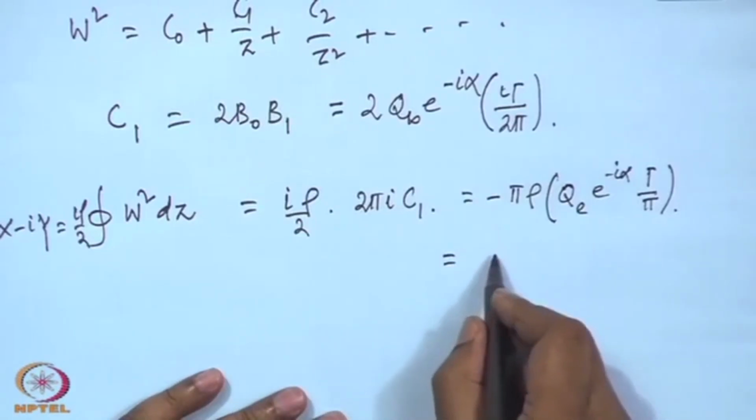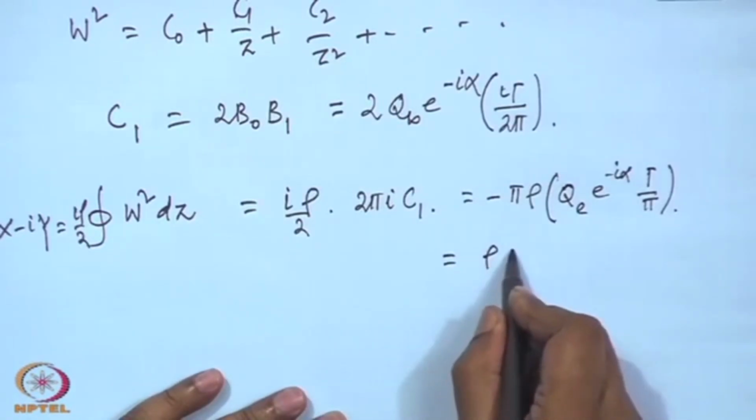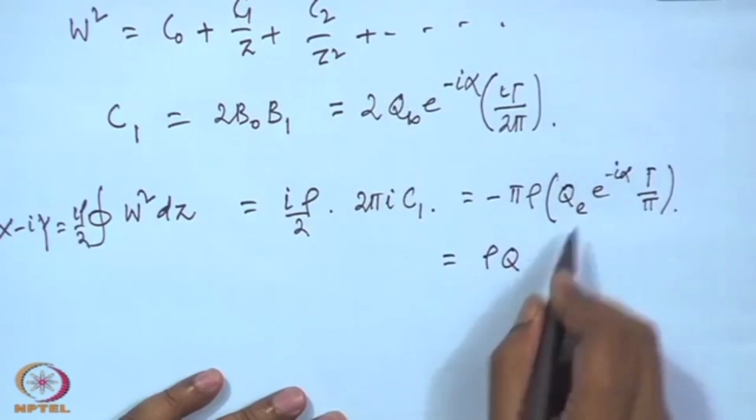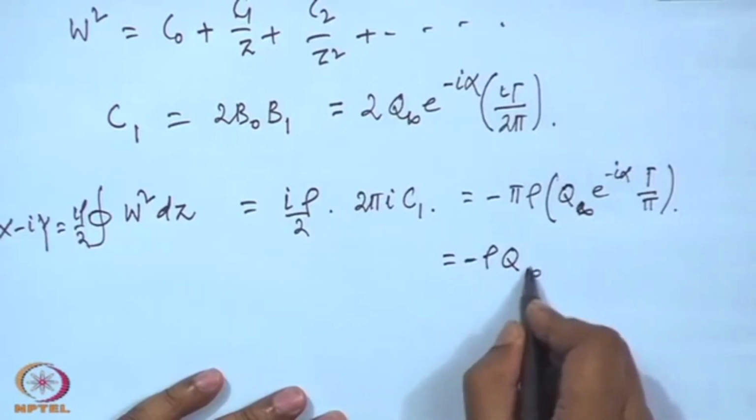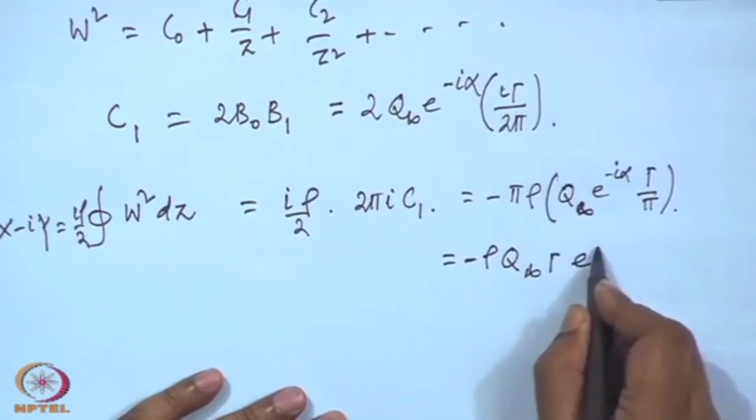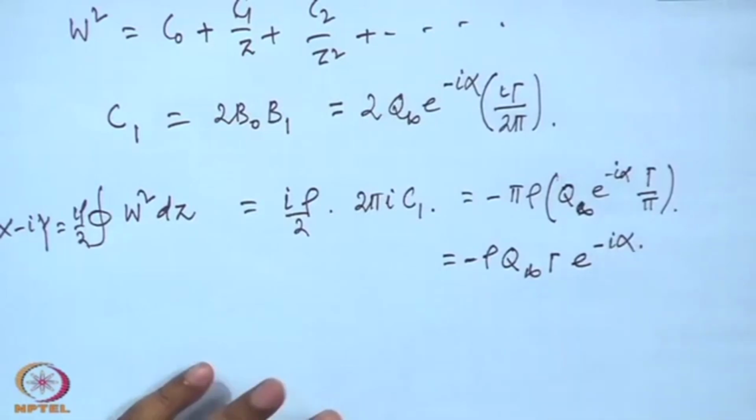The contribution of the vortex will be minus I gamma by 2 pi, in the clockwise direction. That is why we have taken clockwise direction, that we have the negative sign there, and in the force term we do not have the negative sign.